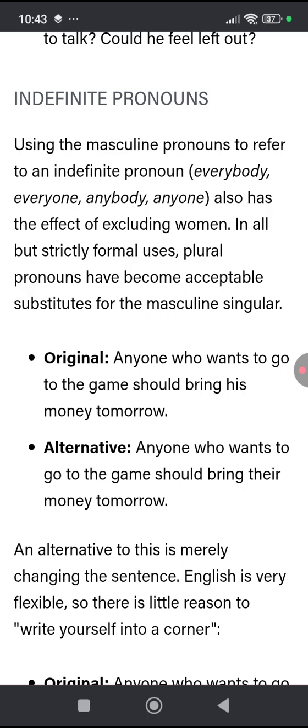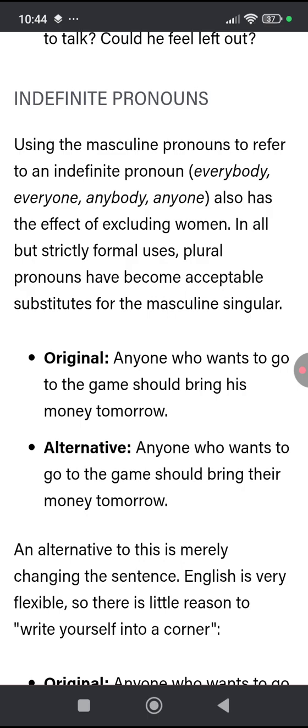Has someone done his or her assignment? So, someone refers to one in the group, and it is indefinite. So, words like everybody, everyone, anybody, anyone are called indefinite pronouns. If we use he to refer to the indefinite pronouns, then it will exclude women.